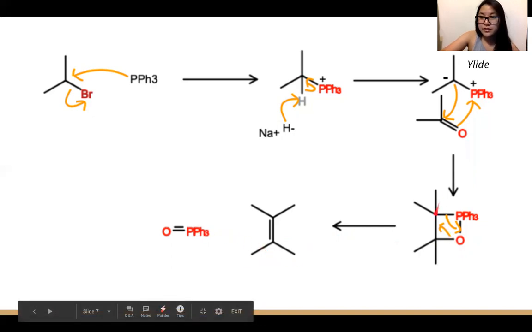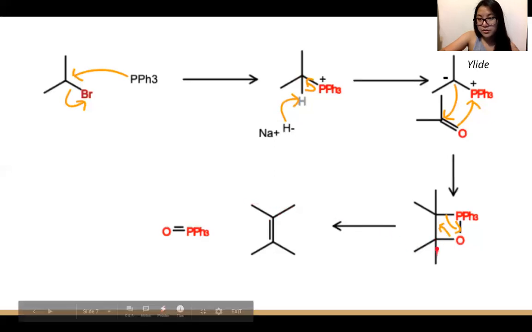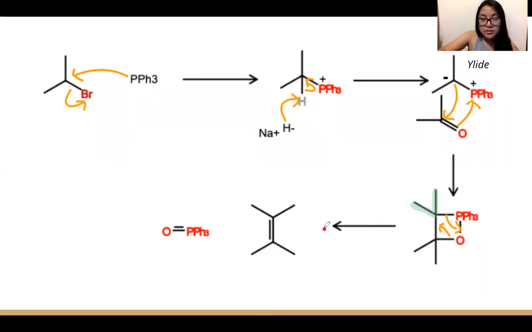So let's label this carbon 1. It has 1, 2. And this carbon 1, 1, 2. Carbon 2 has 1 more and another one right there. So actually I can draw. So there's these carbons, and these are the carbons attached to the phosphorus initially.